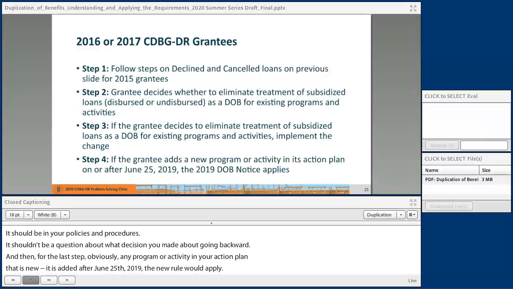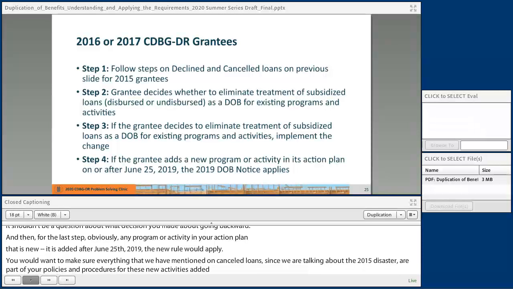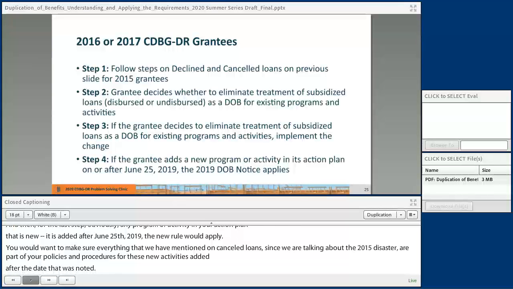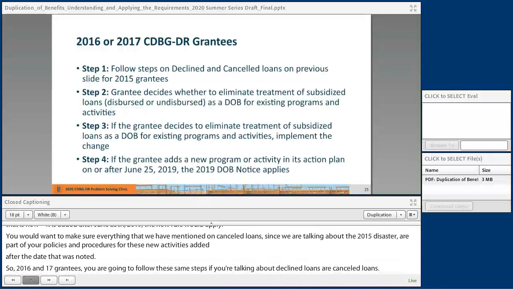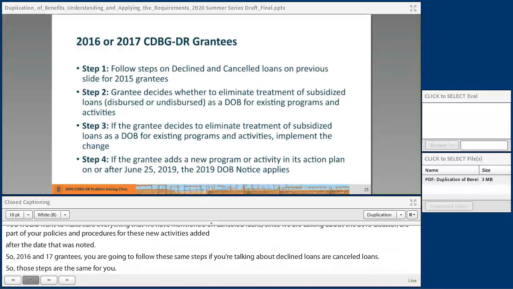So 2016 and 17 grantees, you're really going to follow the same steps if you're talking about declined loans or canceled loans. So those steps are the same for you, but you just have some additional choices, some additional decision points to make when it comes to the treatment of subsidized loans under DRRA, whether dispersed or undispersed.